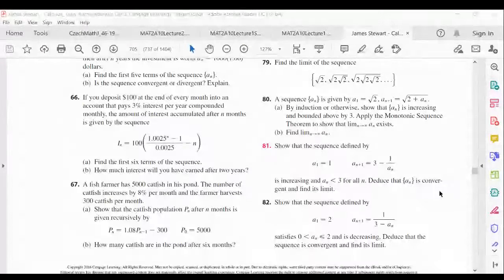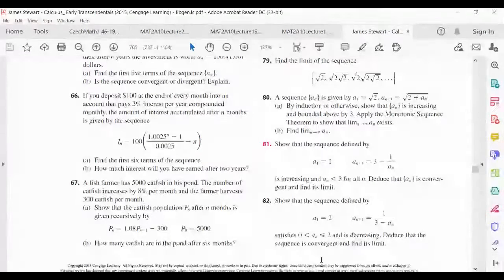Show that the sequence defined by a1 equals 2 and a_{n+1} equals 1 over (3 minus a_n) satisfies the condition that it's bounded by 0 and 2 and is decreasing. Deduce that the sequence is convergent and find its limit.